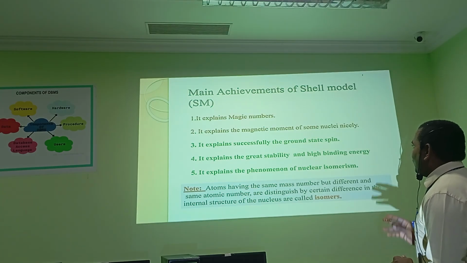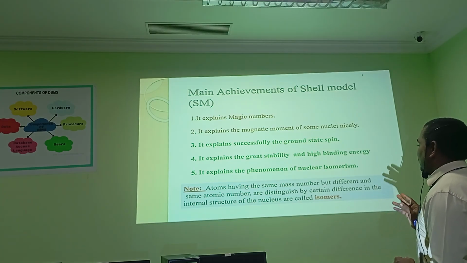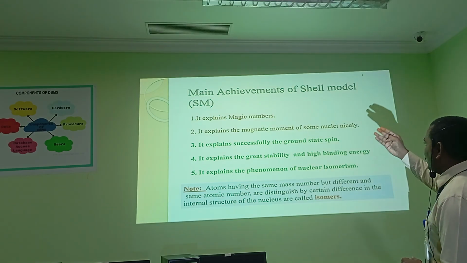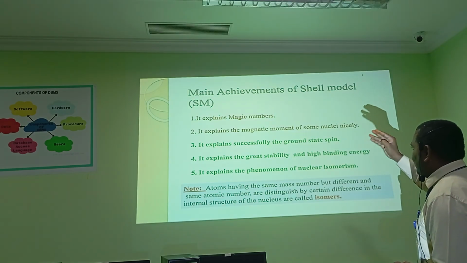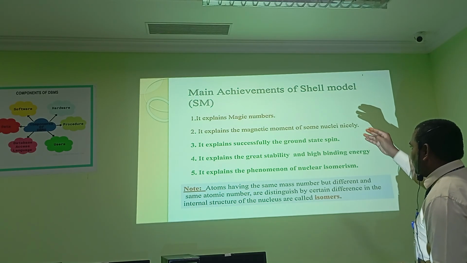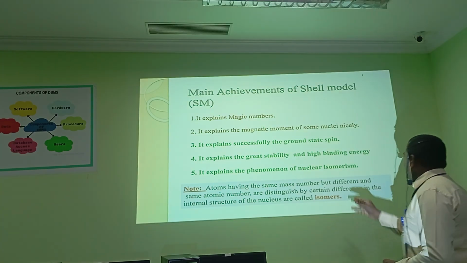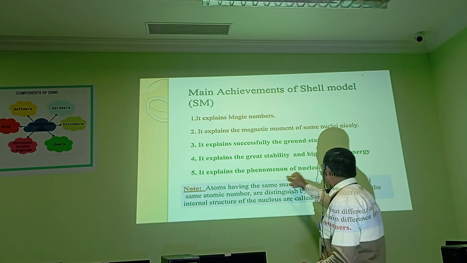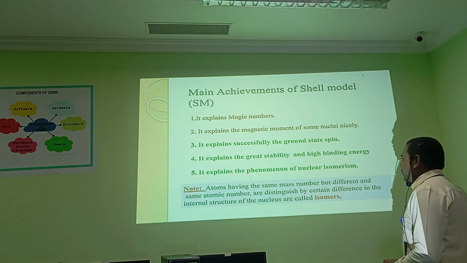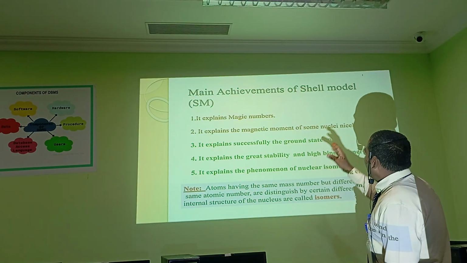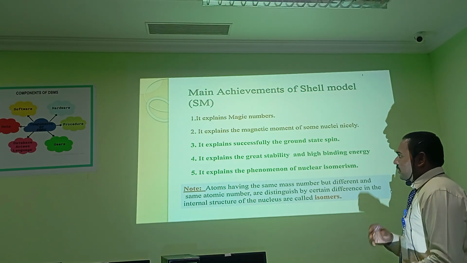It explains successfully the ground state energy levels, where the ground state is excited to the E1 state and again excited to the E2 state. It explains the great stability and high binding energy. It explains the phenomenon of nuclear isomers. That is the achievement of the shell model.